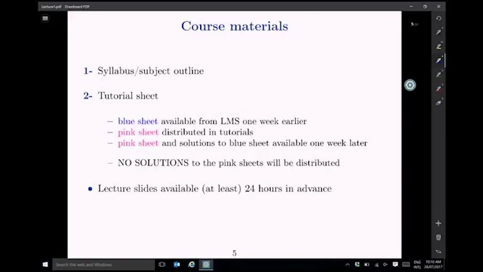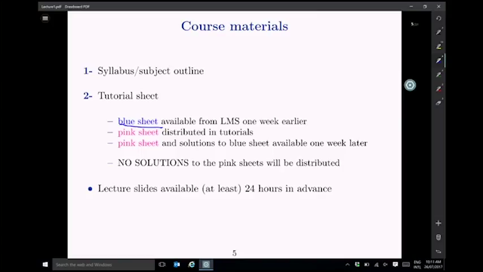This is a system where we have 2 sets of questions. The blue sheet ones, we call it blue sheet because we used to distribute this a week ahead in tutorials to students in previous years, but now we want to go paperless. That's why this is not going to be distributed to you in tutorials anymore. Rather, we'll post it on LMS a week ahead of your tutorial.